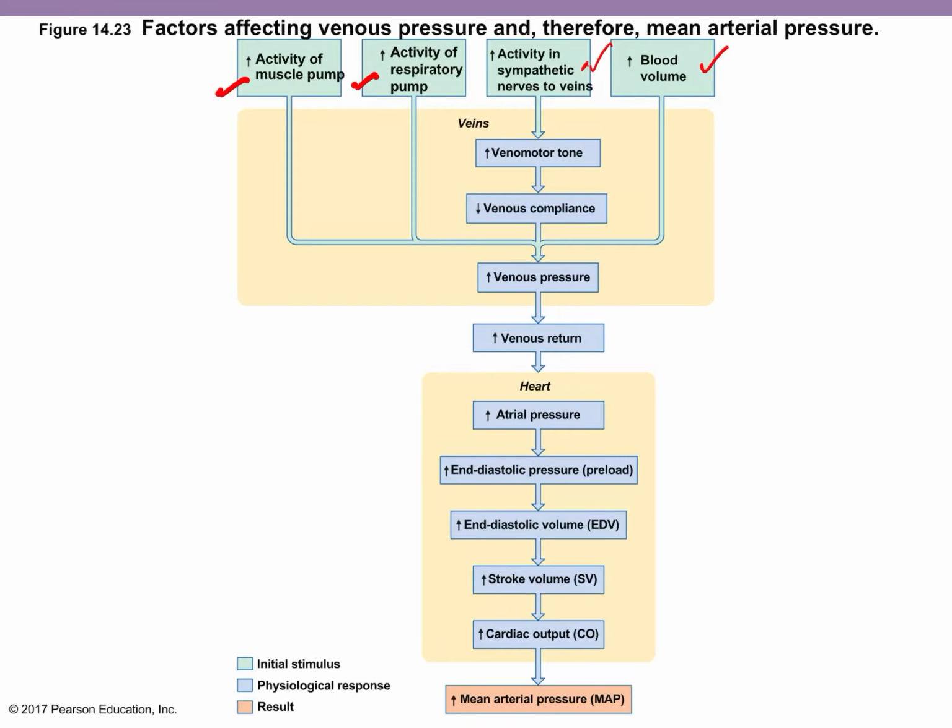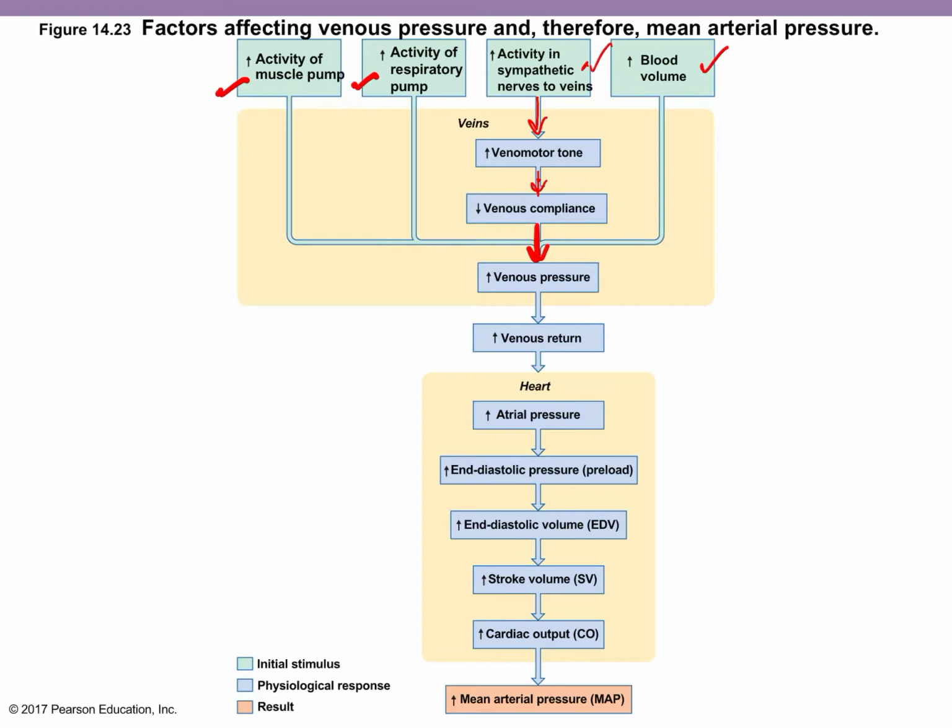If you have a more taut muscle in the wall, you're going to have less compliance, and that's going to be more pressure. It's going to increase venous return. So the idea is that when the sympathetic nervous system is firing, the walls of your veins become more taut, more constricted, and that increases the tone, increases venous return.